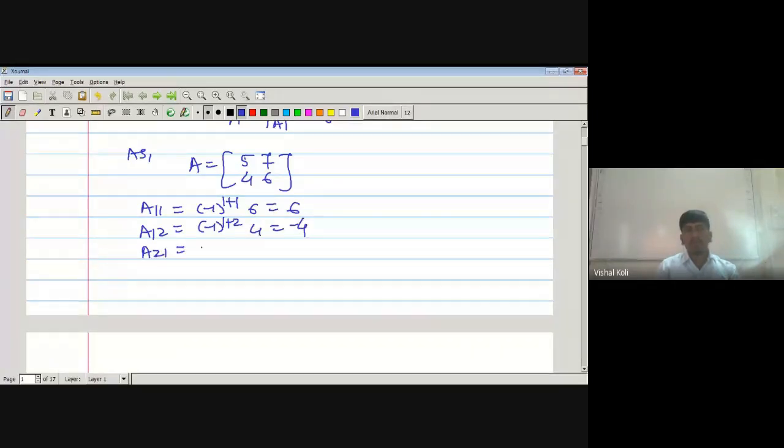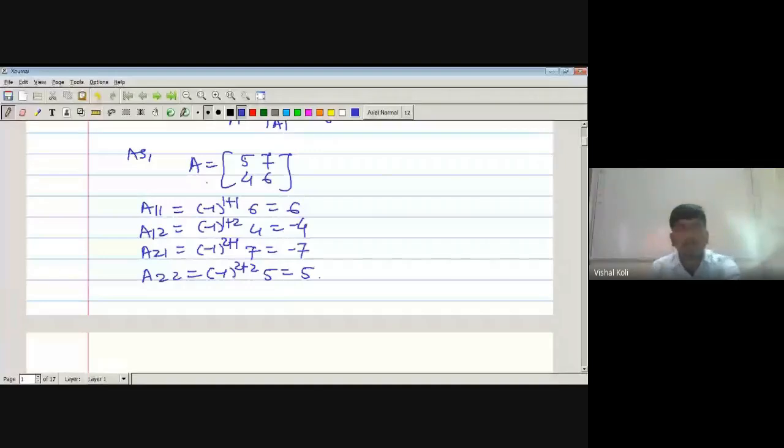A21 equals minus 1 to the power 2 plus 1 into 7, which is minus 1 to the power 3, which is minus 1, into 7, so minus 7. A22 equals minus 1 to the power 2 plus 2 into 5, which is equal to 5. Therefore here we get the cofactors of each element of the determinant of A. This is matrix A.